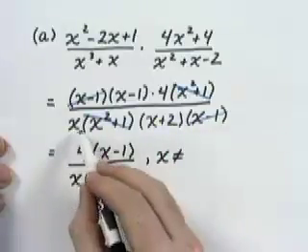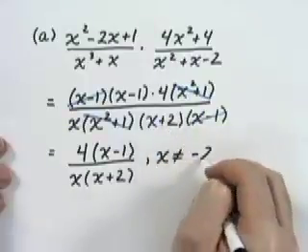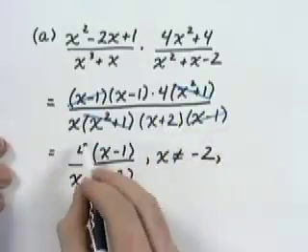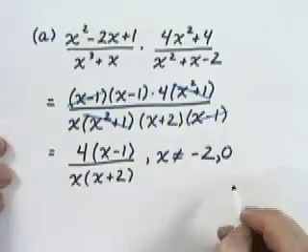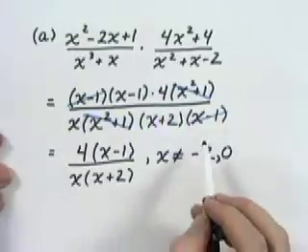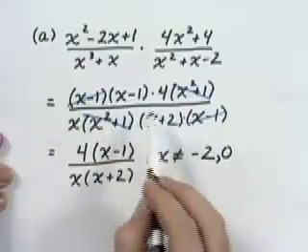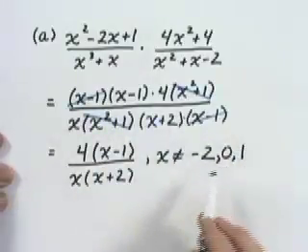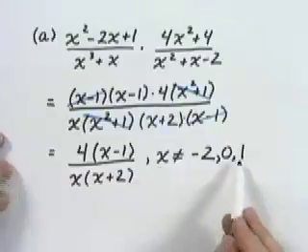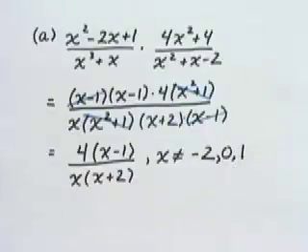For example, x cannot equal negative 2 because that would cause division by 0. x cannot equal 0 because that would cause division by 0. And in addition, x cannot equal 1 because in the original expression that would have resulted in 0 over 0. So again, it's important to list out the variables that are not going to be in the domain of the result.